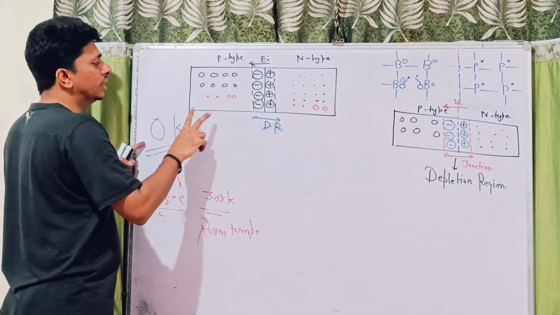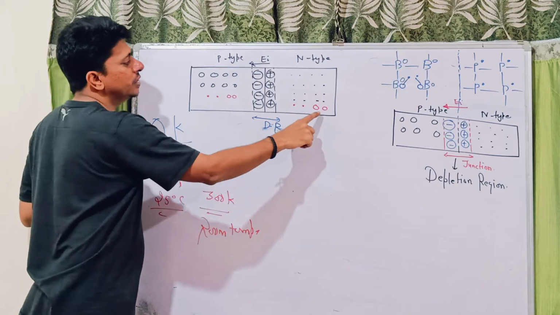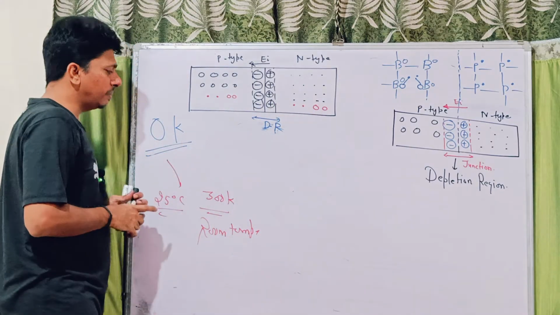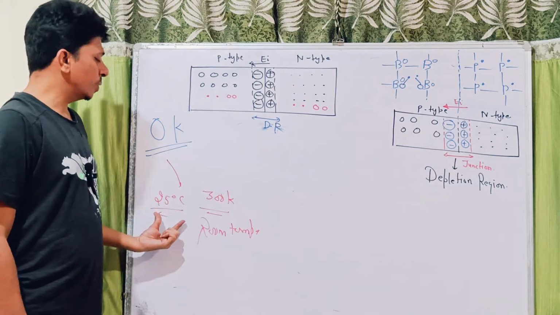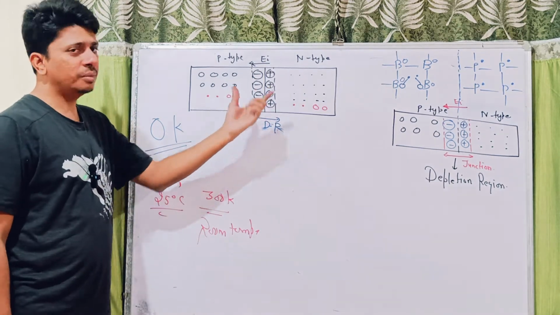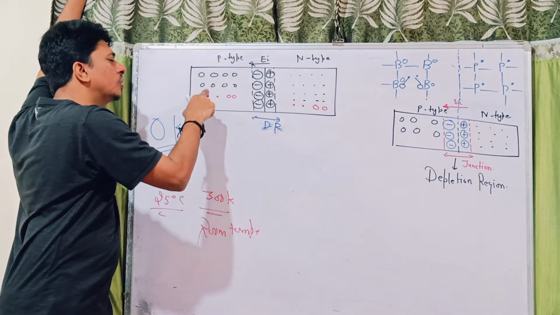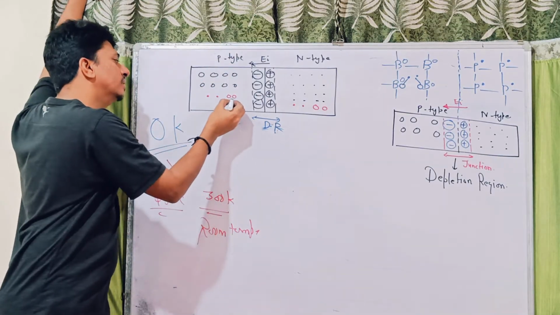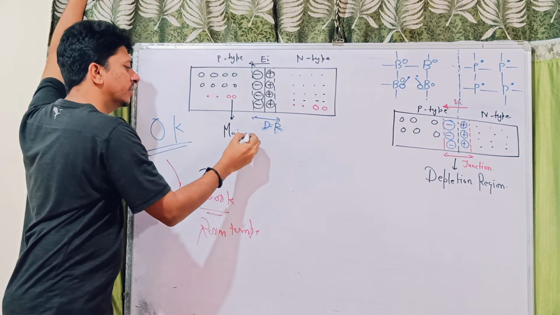At 0 Kelvin, these few electrons are not present, these few holes are not present. So now from today onwards we will remember that this is the 25 degrees centigrade representation, and inside the p region there are lots of holes, and these holes are called majority carrier concentration.